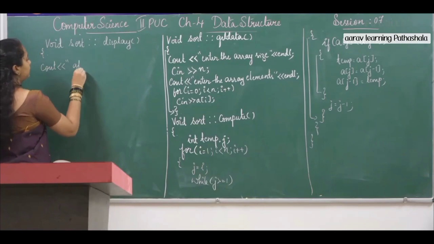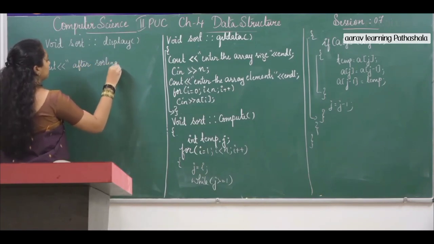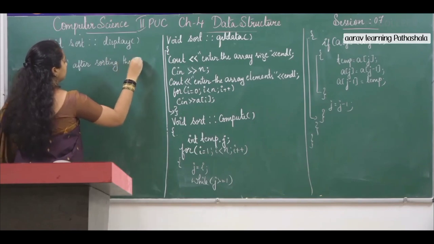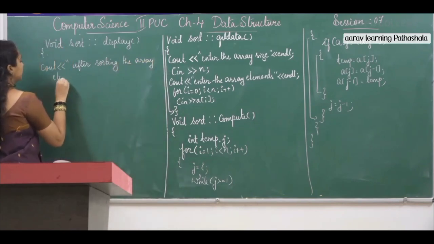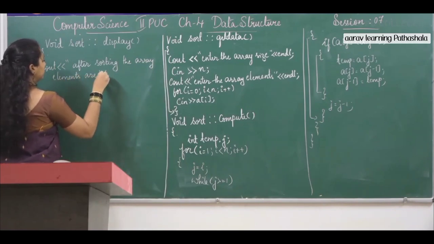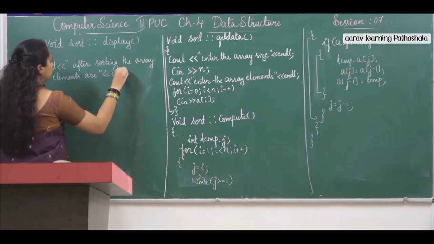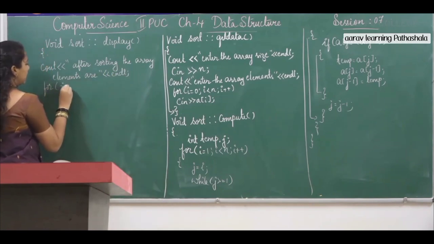After sorting, the array elements are: using a for loop, we are going to print all the array elements.